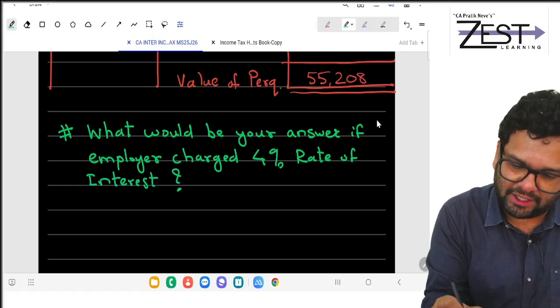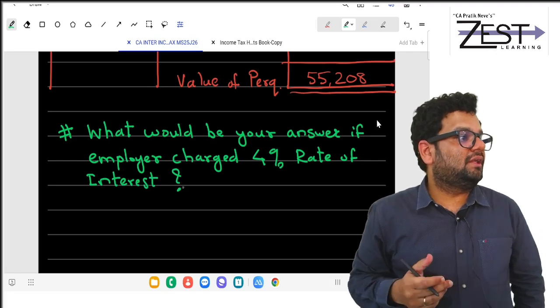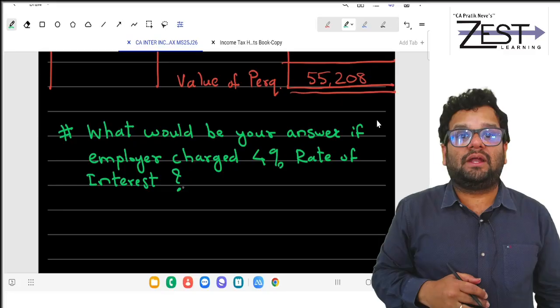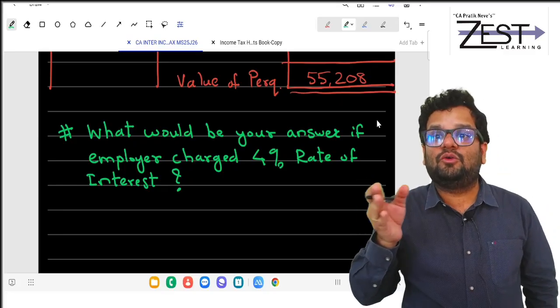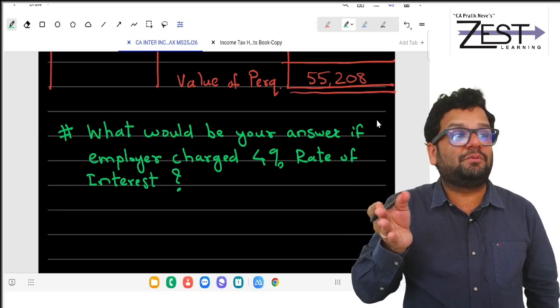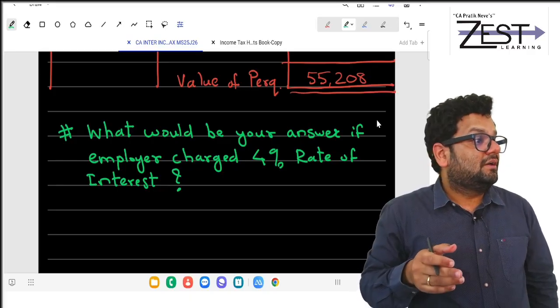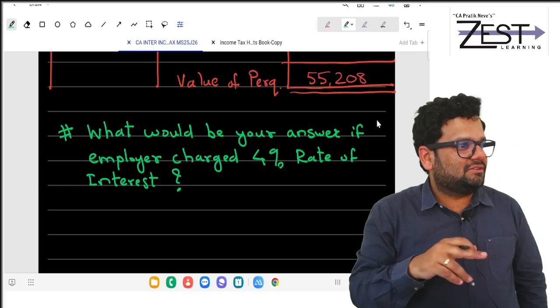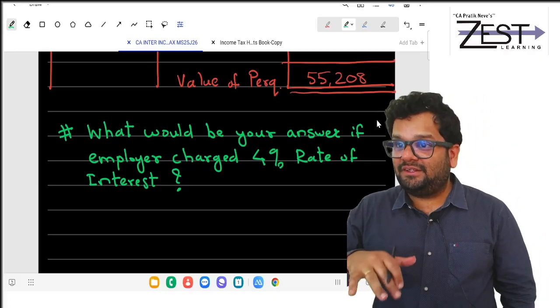Don't worry, don't calculate again. I only want to tell you that it will be called as value of which perquisite? Perquisite of concessional loan. It will not remain interest free.